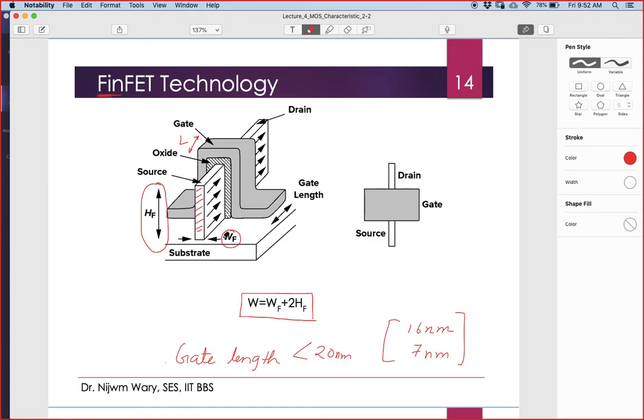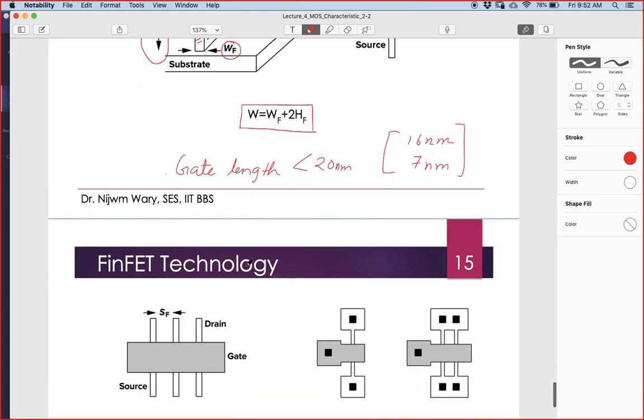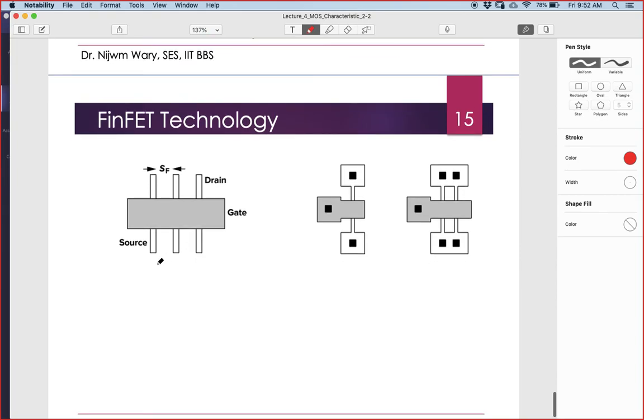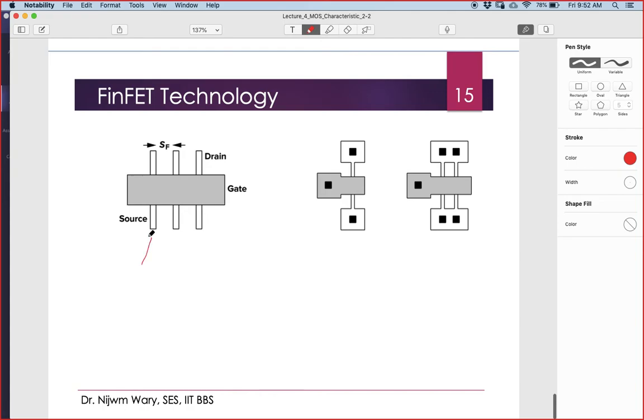If a designer wants to go for higher W, they go for multiple fins like that. They are called fins. That's why it's called Finfet technology. These are very small, maybe 100 nanometer. This whole W is 100 nanometer. If I want a higher width, then I have to go for multiple fins.